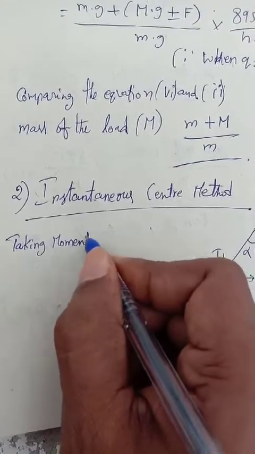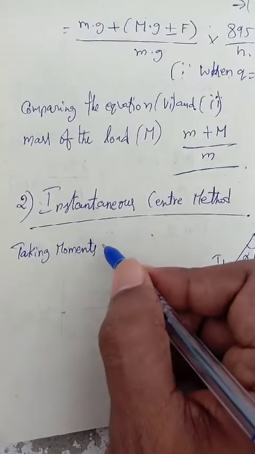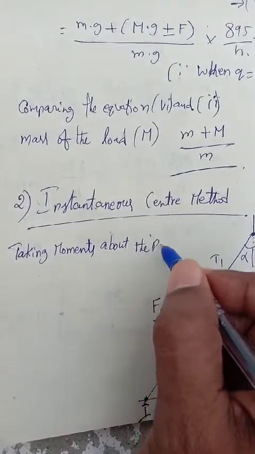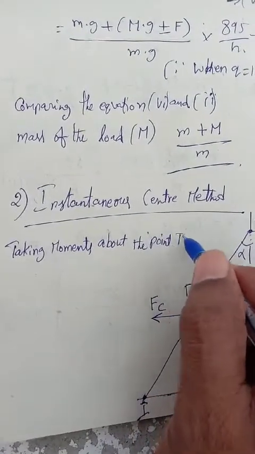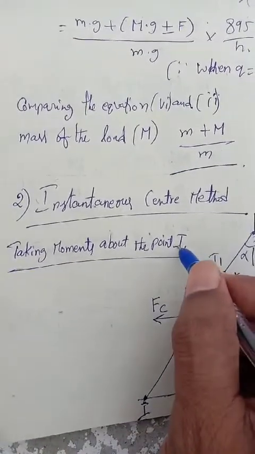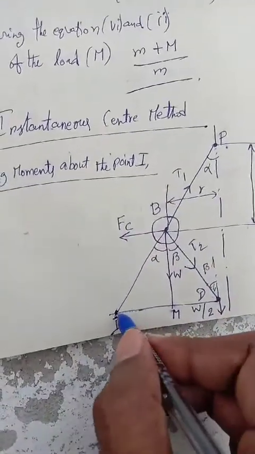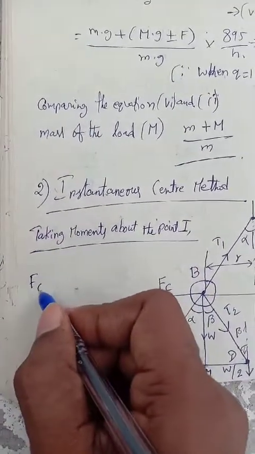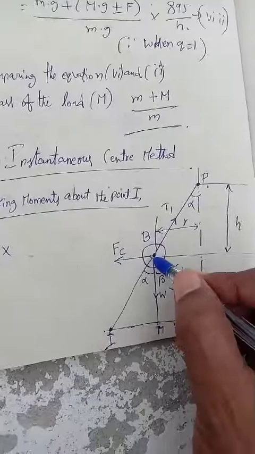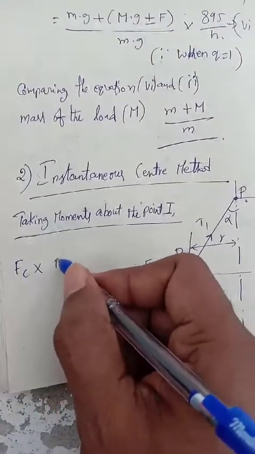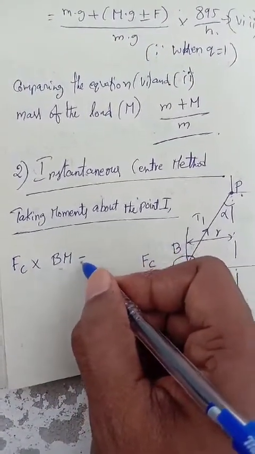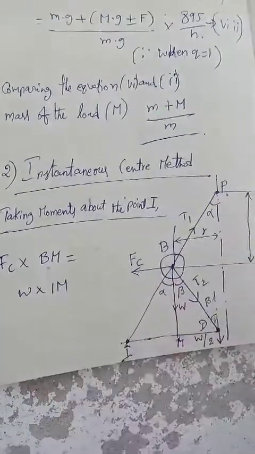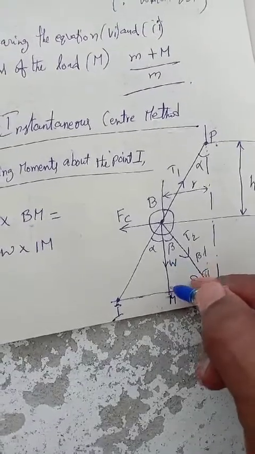Taking moments about the point I. So now we are taking moments from point I. So that is coming from here: FC is first, FC into BM, right? And small w into IM, this is small w, so that is the distance.